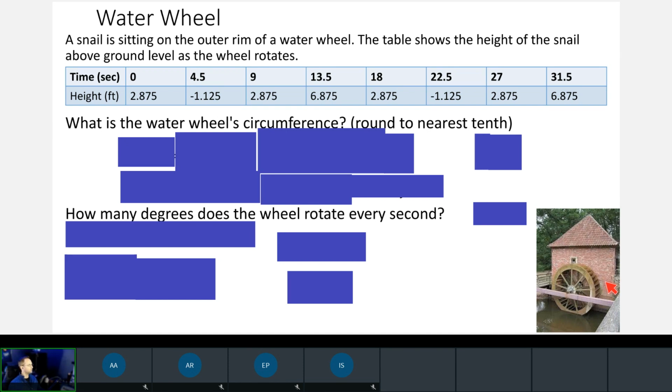All right. So, knowing that now, what is the radius of this wheel? I'll give you time to write stuff down and crunch the numbers. Yeah, sure.